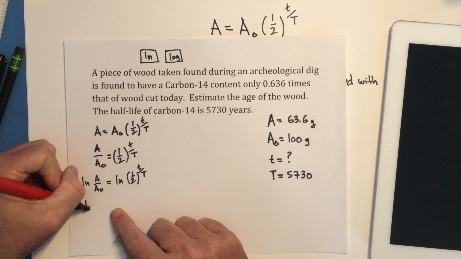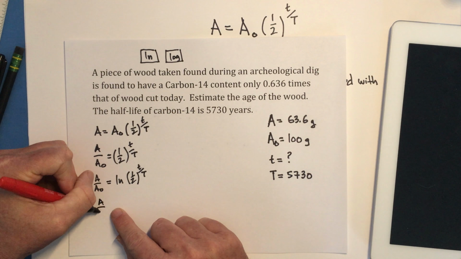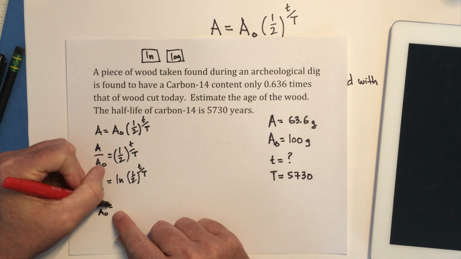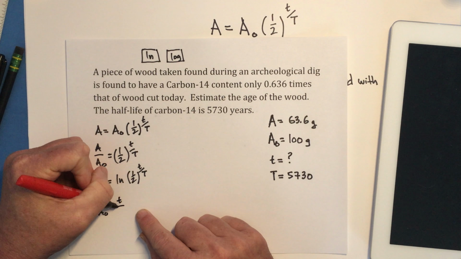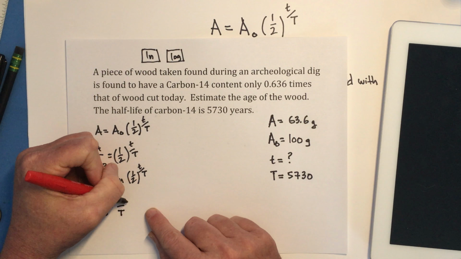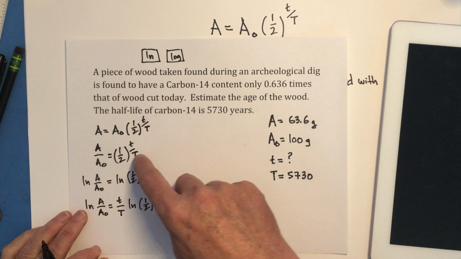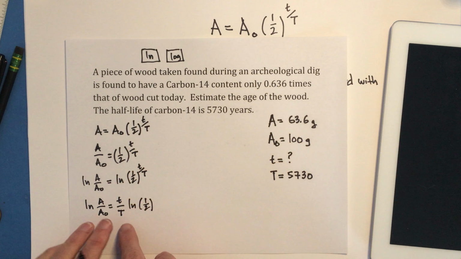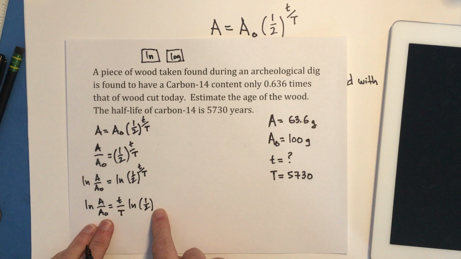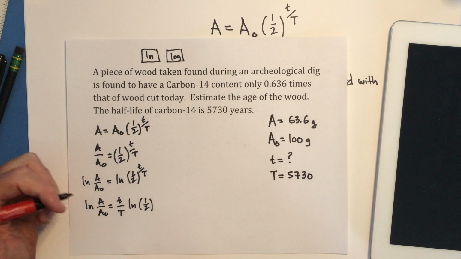So I can write this as ln of A over A sub 0 equals t over T times the natural log of 1/2. So I can take that exponent and just pull it out. Now it's a coefficient on the log. There you go. That's pretty amazing, don't you think? Yes, I think you do.